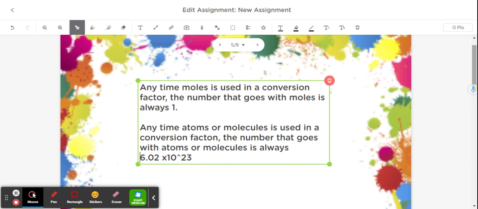If we have atoms or molecules in a conversion factor, the number that goes with it is 6.02 times 10 to the 23rd atoms. And think about that: if we have 6.02 times 10 to the 23rd of anything, it's going to be huge. But when we're talking atoms and molecules, because they're so small, we can have 6.02 times 10 to the 23rd.